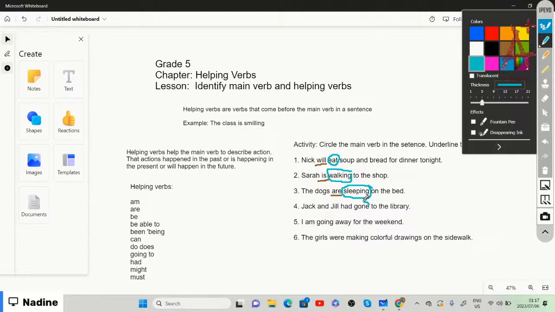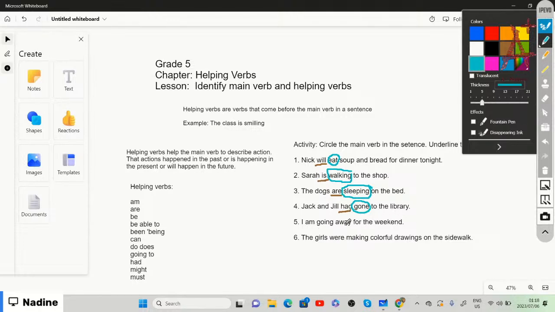All right, so we're going to circle our main verb, which is gone, and our helping verb, which is had, right? That is our main verb gone plus our helping verb, which is had. So had gone is the helping verb plus our main verb.